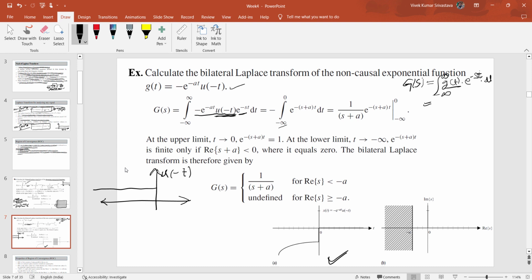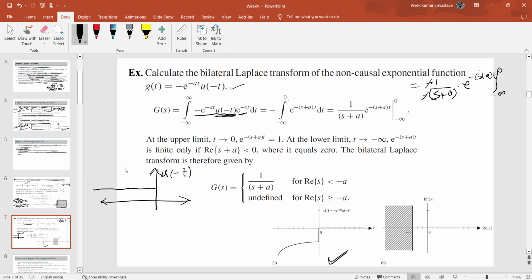Once you put this limit, you will get this expression: the integral from minus infinity to 0 of e raised to the power minus (s plus a) t dt. Now taking the integral of this equation, you get minus 1 over s plus a into e raised to the power minus (s plus a) t. A minus comes from this, so the minus and minus cancel, and the limit goes from minus infinity to 0.